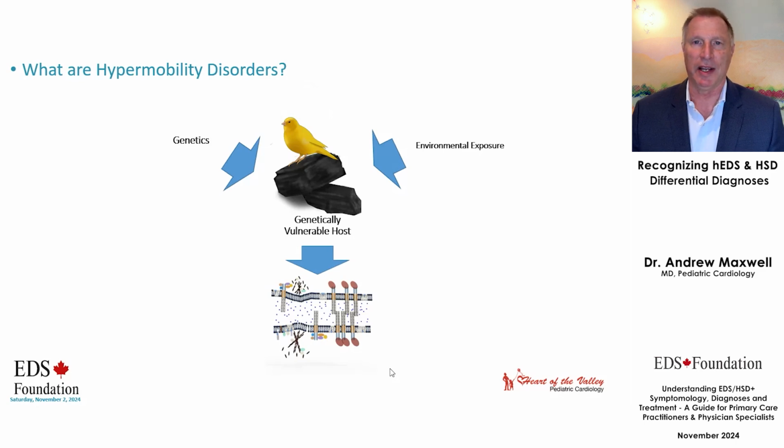I'm going to leave environment a very vague term here, because it can mean a lot of different things. And so that genetically vulnerable host, subjected to the right conditions, develops a breakdown in their connective tissue, and they express themselves in hypermobility.